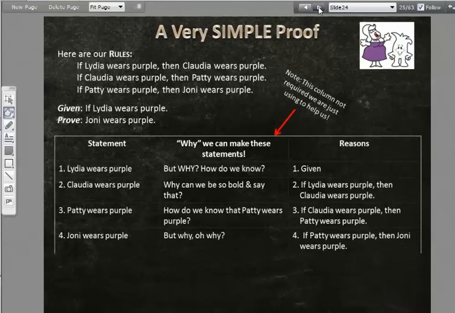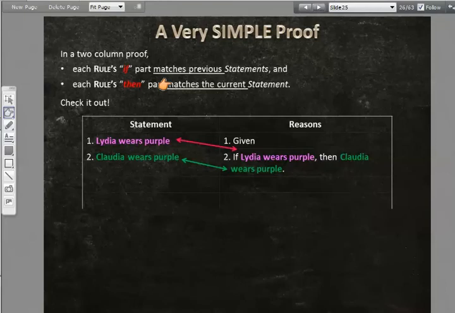Let me show you another little trick to this. We've been learning all about these conditional if-then statements. Well, we're fixing to put them to use, because notice all of these rules are if-then statements. In a two-column proof, each rule's if matches the previous statement, and each rule's then matches the current statement.